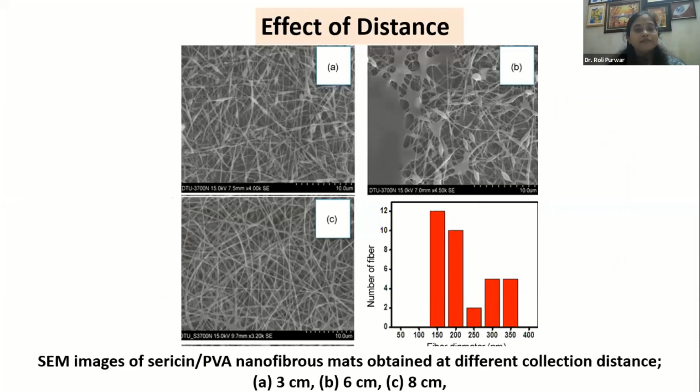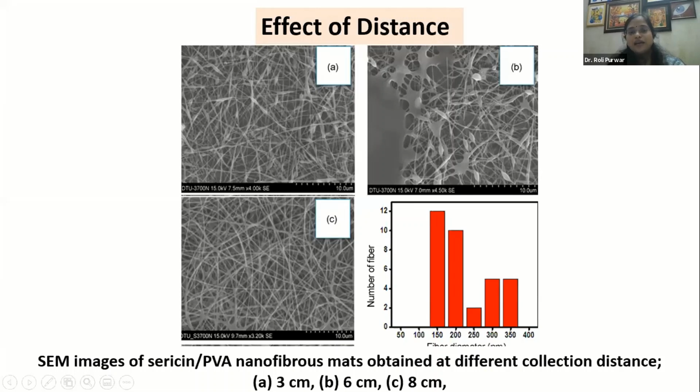This is another parameter, the effect of distance: what is the distance between the collector and the spinneret. Here we have the samples. Initially, we kept the distance very small, 3 centimeter, then increased to 6 centimeter, and then 8 centimeter. When we have a very small distance between the collector and the needle, there is a beaded structure or spraying.